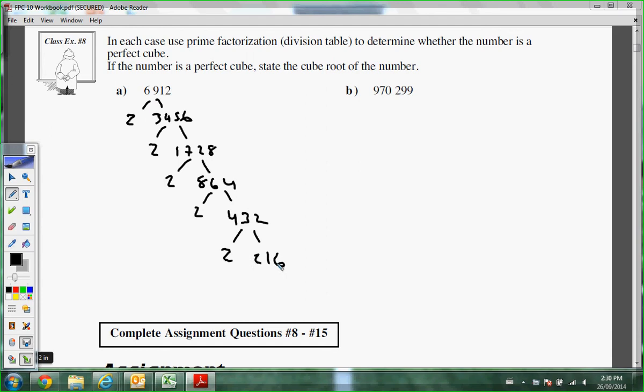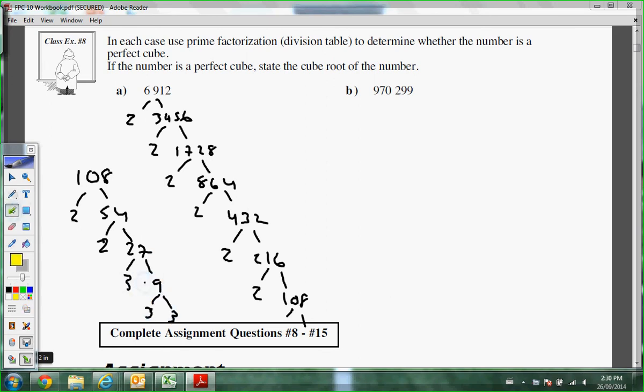Everything's even. So let's do 108 over here. 2 and 54. And then we finally run to the end. 2 and 27. And we know 27 is going to work out to be our group of 3s.